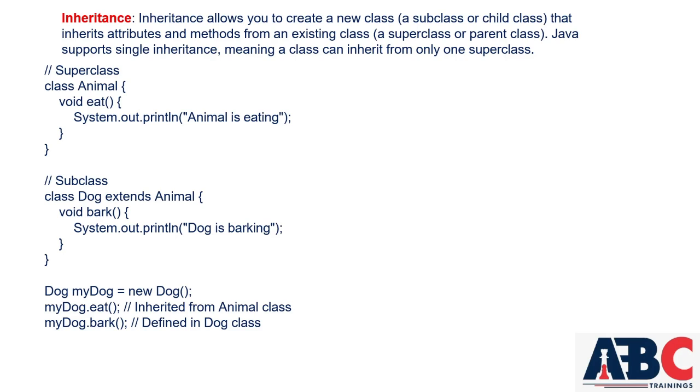So the existing class is Animal, and the subclass is Dog. Then we create an object of the subclass and call the functions eat and bark with the membership operator, and the output will be: Animal is eating and Dog is barking.